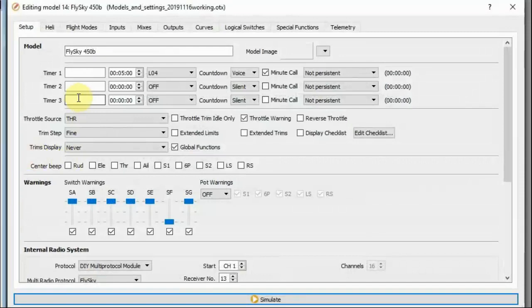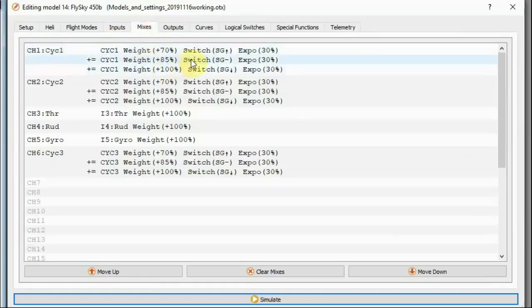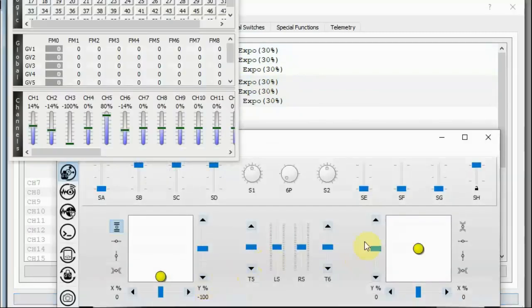So this is another version with a different way of putting in mixes. Now what I'm doing here is putting mixes on the cyclics themselves in the mix page. This is not an ideal solution, but it's another way of doing it. The problem with this is, this works. This will vary the rates.